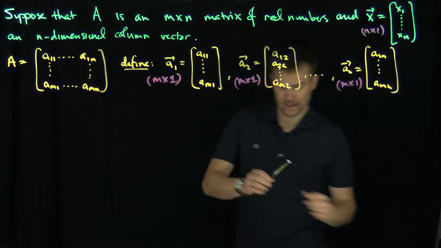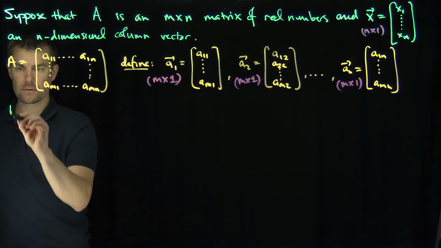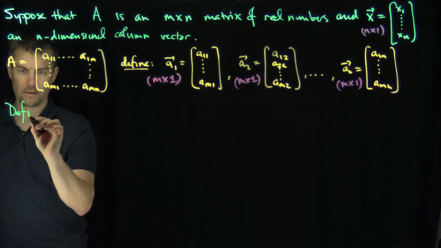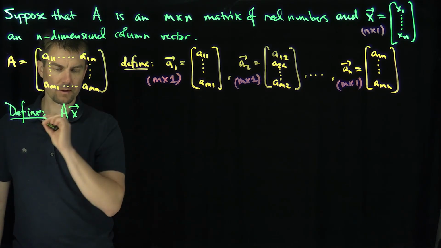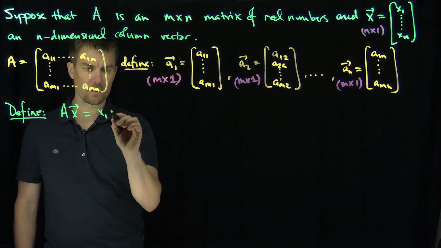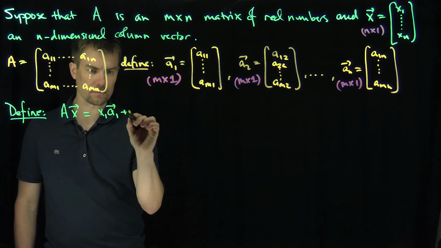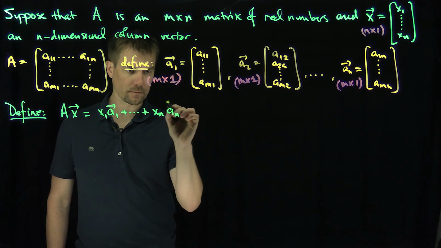And now what I'll do is this. I'm going to define Ax. So our definition of Ax is the following. Define Ax, this product of A and x, to be x1 A1 plus ... plus xn An.